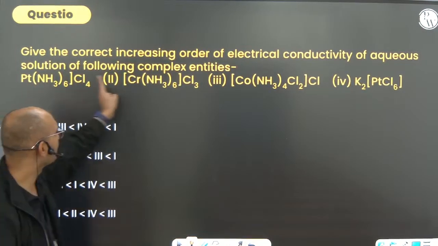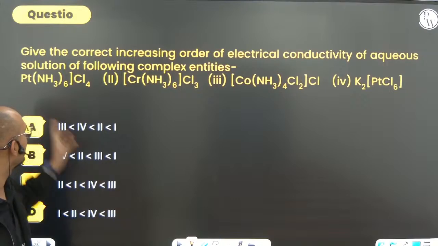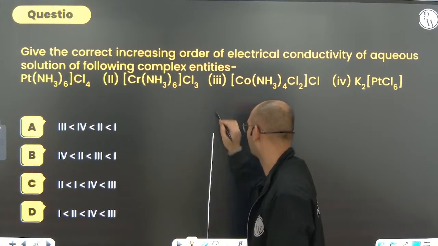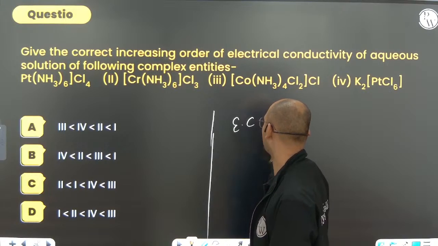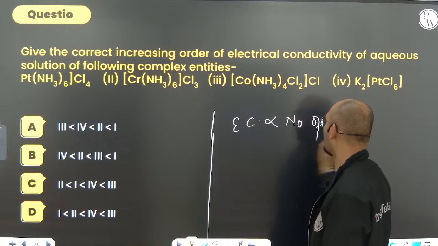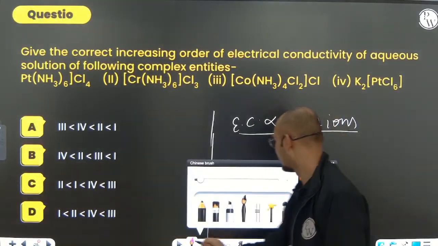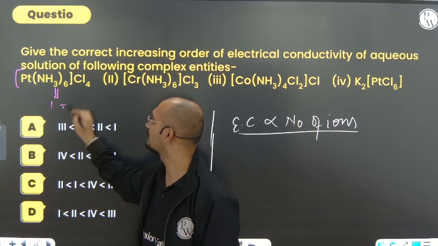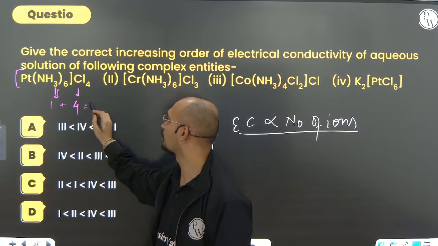Now the correct increasing order of electrical conductivity in the aqueous solution. Electrical conductivity depends on the number of ions. Whatever has more number of ions will be more ionic. Can you see? One complex and 4 here. Overall how many? 5.